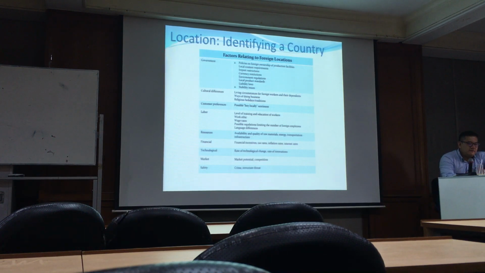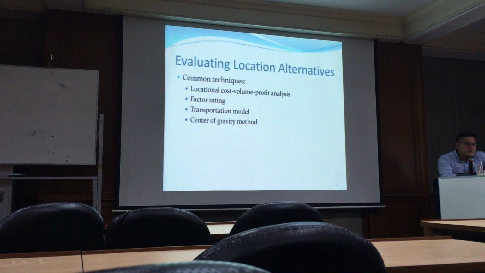Okay, now we're gonna move to the part of a little bit of calculation. Or some of them you know already from other methods that are quite similar. We start with the techniques that we can use to evaluate the location alternatives. The common techniques include cost volume profit analysis, factor analysis, transportation model, and center of gravity.